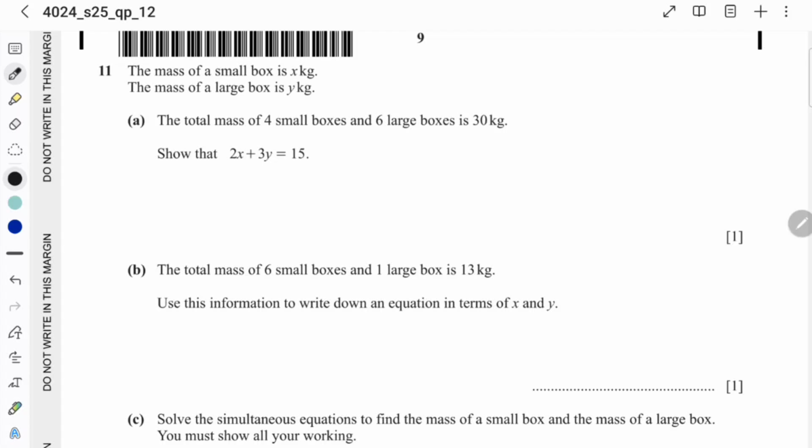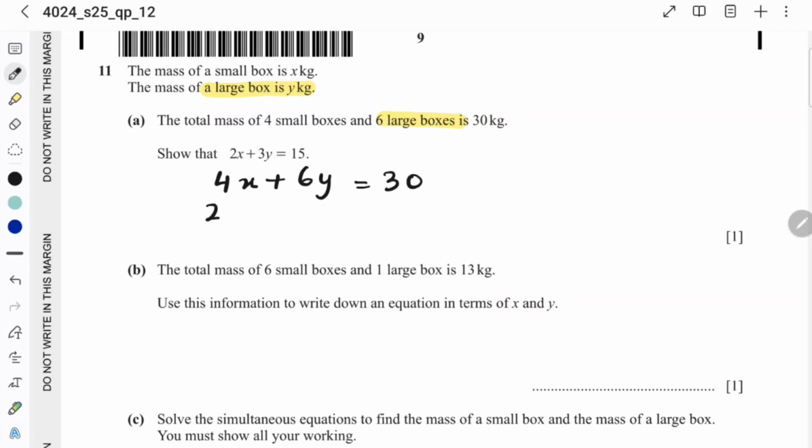So they're asking you 4 small boxes. It means that 4x. Okay. A large box is y. They have told us a large box is y. And 6 large boxes means plus 6y equals 30. The total weight is 30 kg, and they're just asking us to show 2x plus 3y equals 15.